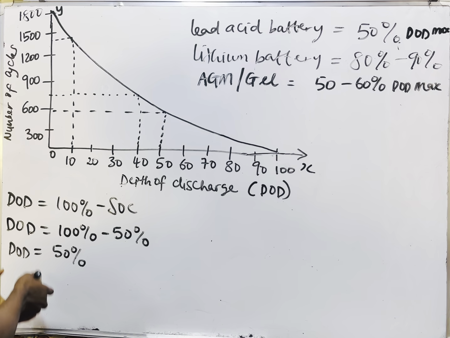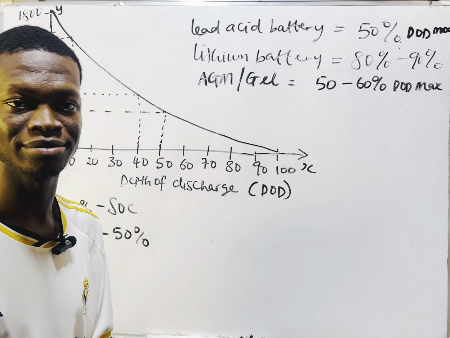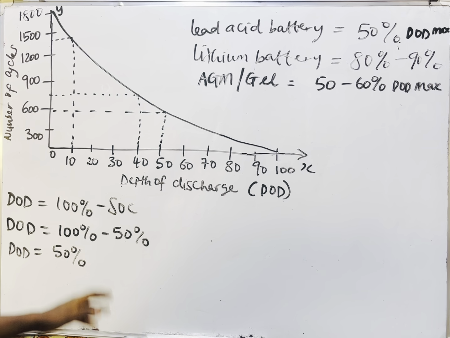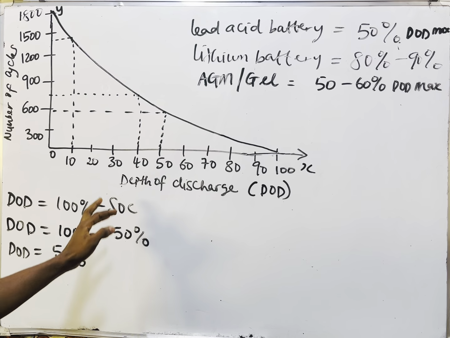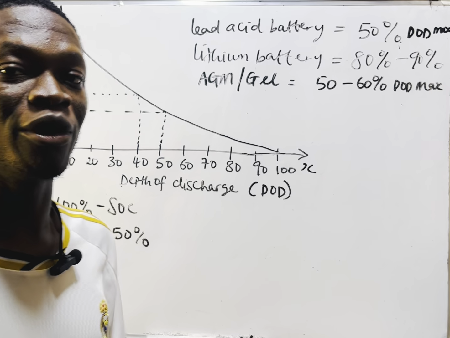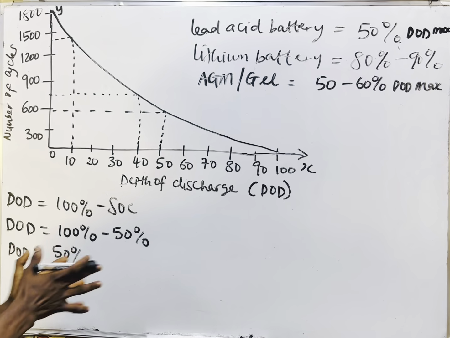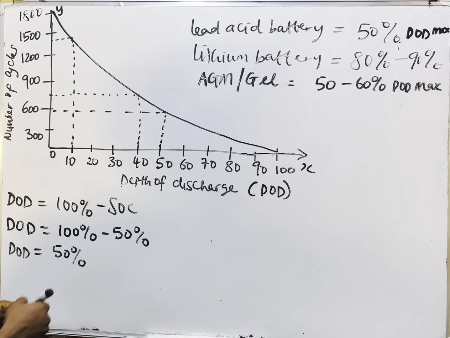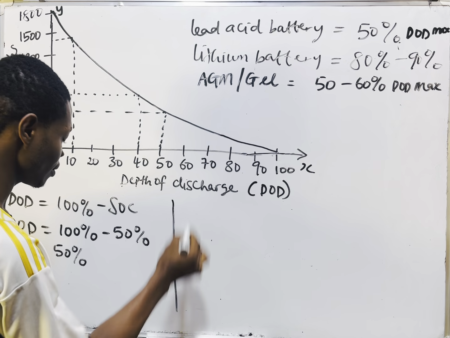It means that your battery is drawing 50% energy from that battery bank. That means how much energy is still left? You still have 50% left untouched. You understand? So let me give you this one to solve.